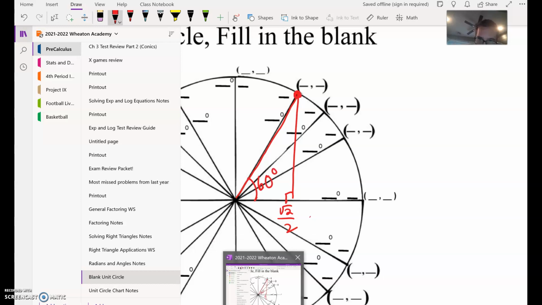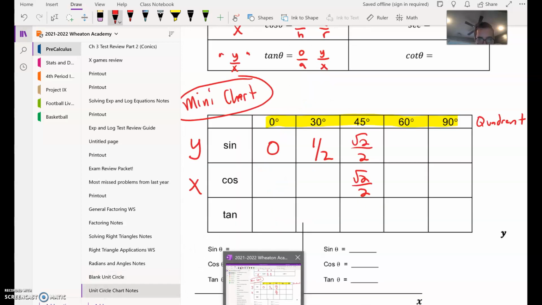And what is the y coordinate right there? What's the longer one? It's the taller one this time. So this time the taller one is root 3 over 2. And the shorter one is 1/2. So the sine of 60, opposite over hypotenuse, is root 3 over 2.